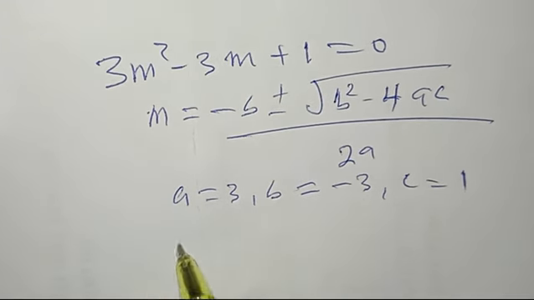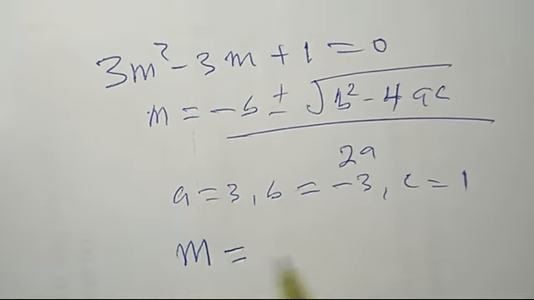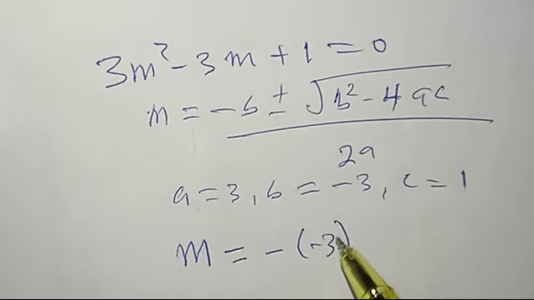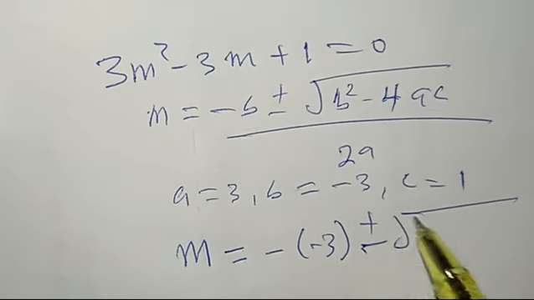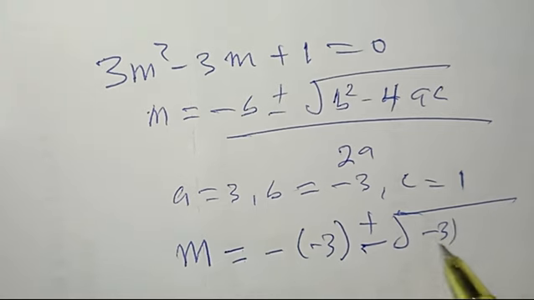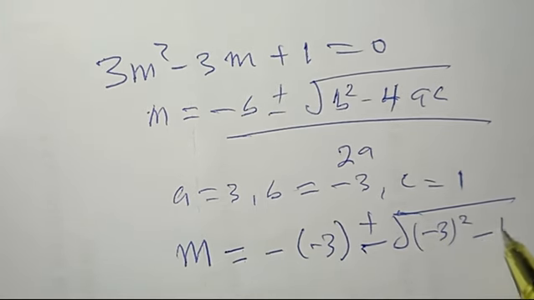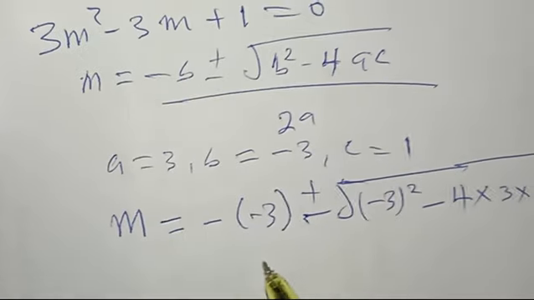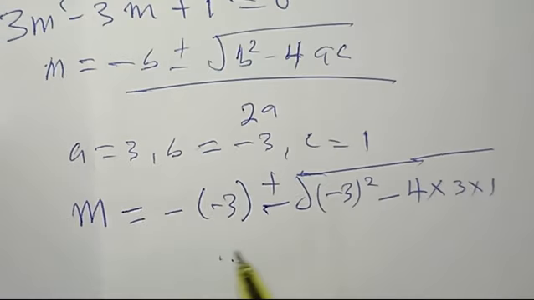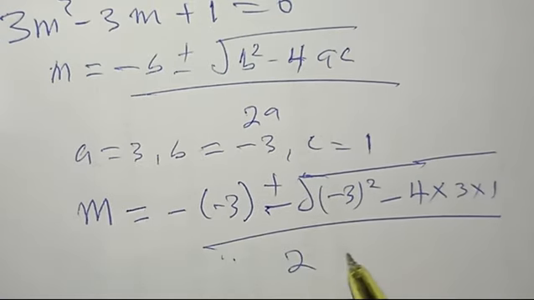So therefore our m is now equal to minus b, minus 3, plus or minus the square root of minus 3 squared, and then minus 4 times a, which is 3, and then times c, which is 1, and it is all divided by 2 times 1.